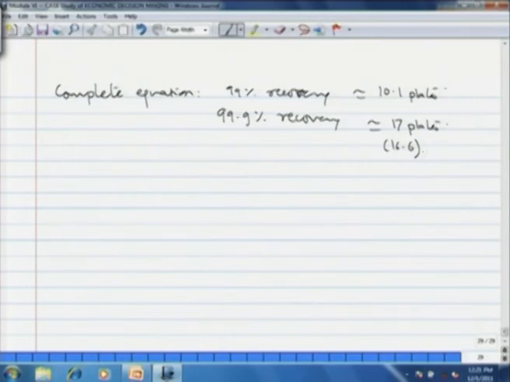So, you can see very easily that whatever simplifications we made in the analysis are not going to affect the accuracy much, or I would say it is not going to affect accuracy at all.